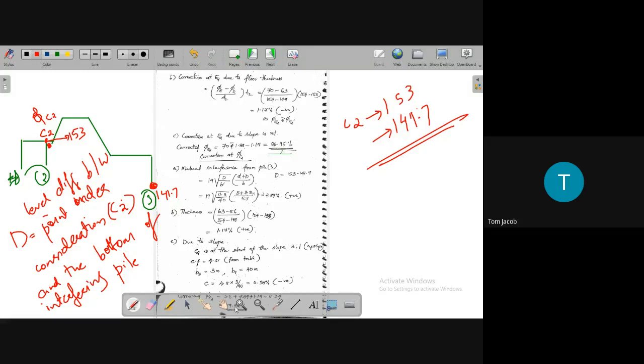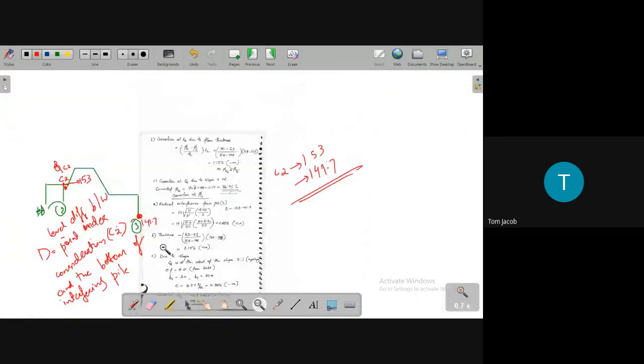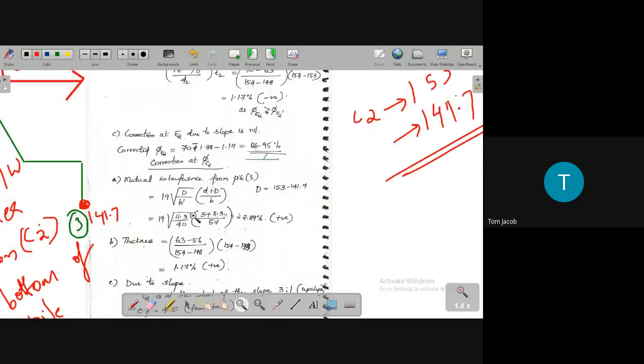Now, similarly, the gap distance between pipes. Gap distance is 40. That is also given in the question. This is 40. Okay, so after substitution, we look here.